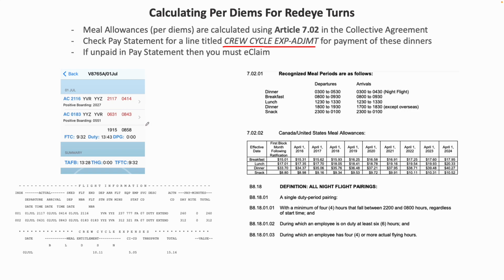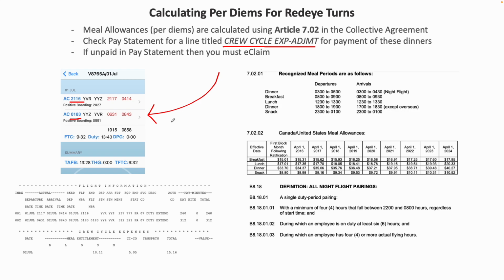For this particular example pairing that I have, where I operated flight 2116 from Vancouver to Toronto and came right back from Toronto to Vancouver, this is a classic single duty period all-night flight pairing. And I am eligible in this particular case for a special night dinner.